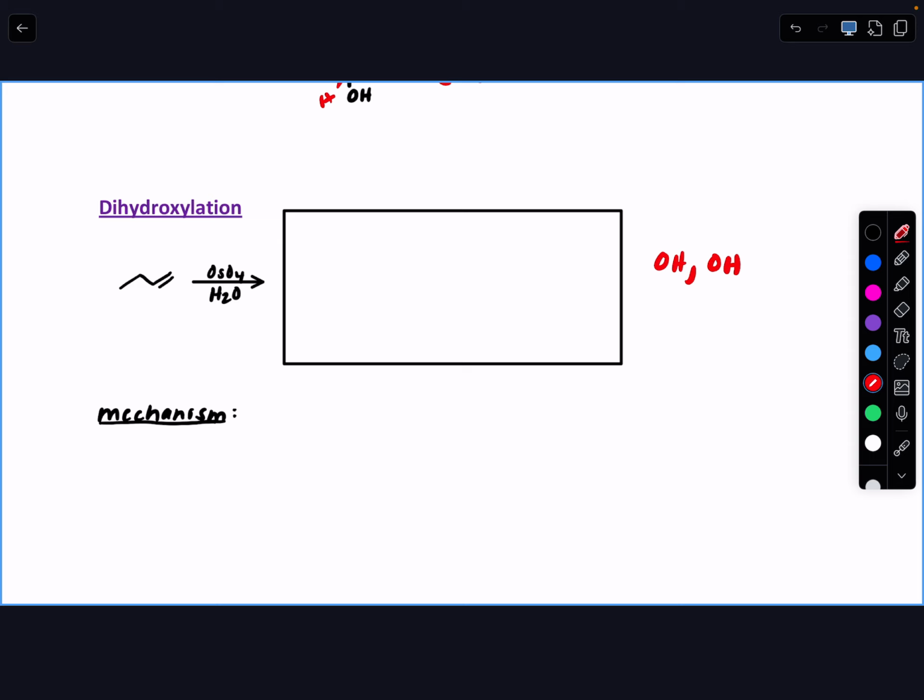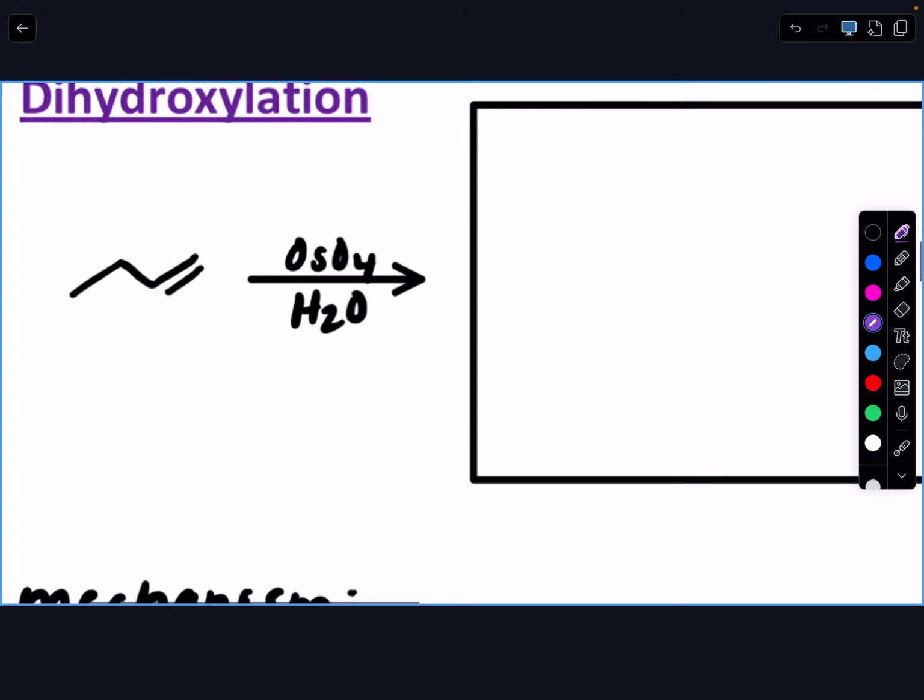The mechanism, so this is going to be a syn addition. And remember, that means the mechanism occurs in such a way that the groups are added from the same face. It doesn't always mean that there will be a consequence in the final product. I can't read what's on top of that.